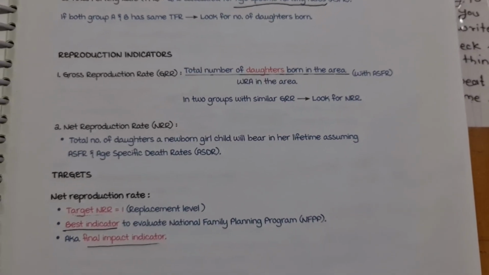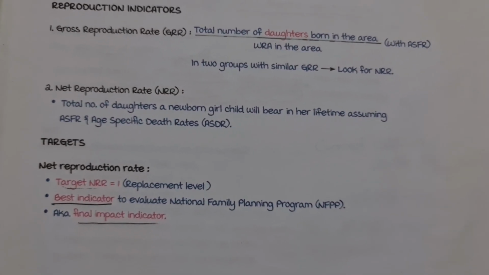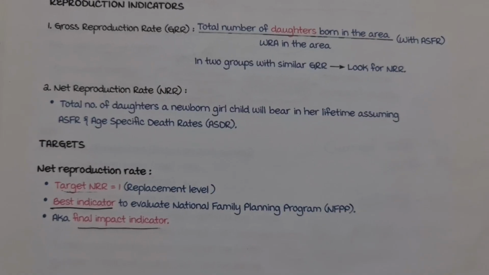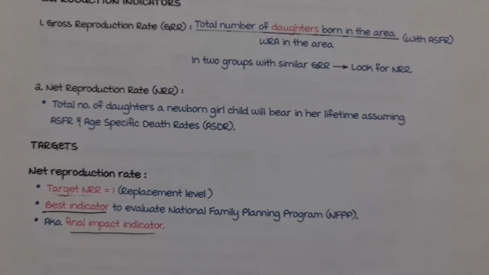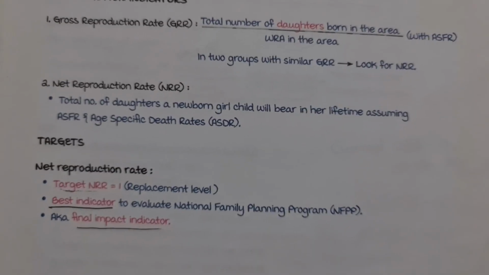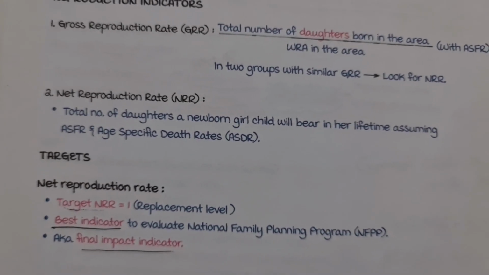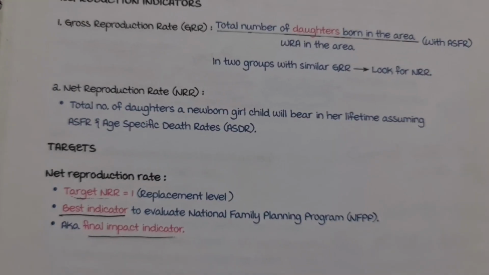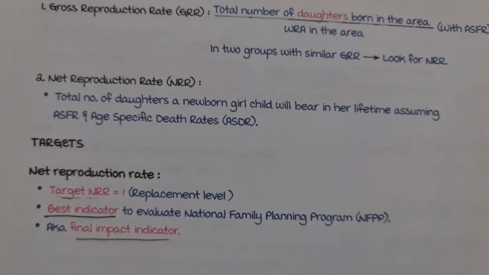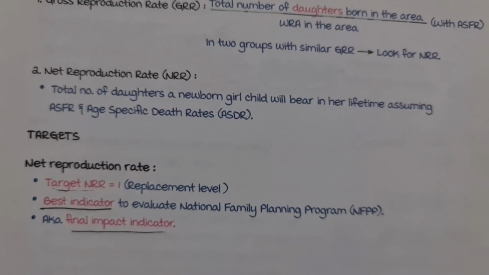Then if we talk about the targets, the target net reproduction rate is equal to 1. A net reproduction rate of 1 indicates population replacement, which denotes stability in the population. And guys, NRR, the net reproduction rate, is the best indicator to evaluate the National Family Planning Program.